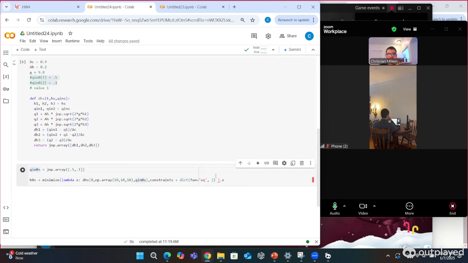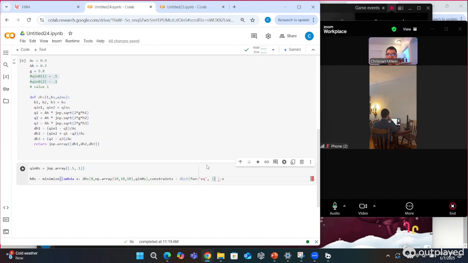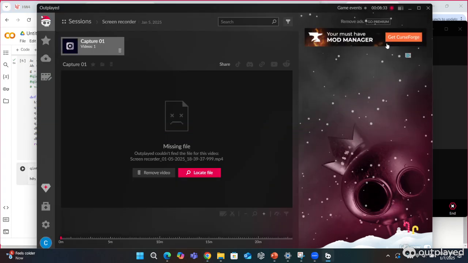We need our constraints and then our bounds after this, and then np dot 3. I don't remember the syntax in between, so I'll have to double check that. I'll be right back.